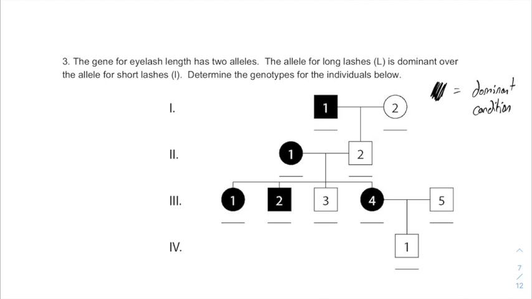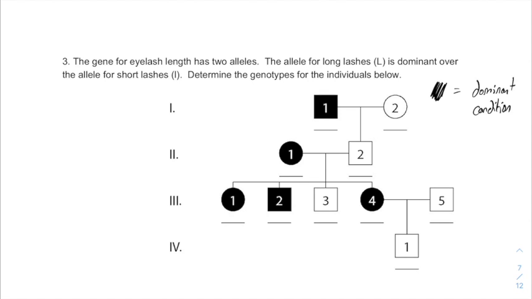when we're building these pedigrees, often we're investigating something we don't actually know anything about yet, right? So we might not know before we do this experiment that long lashes are dominant over short lashes. We only know that these people who have the dark squares have these eyelashes. And then when we look at the patterns that show up, how could this inform us that this is a dominant or a recessive trait?